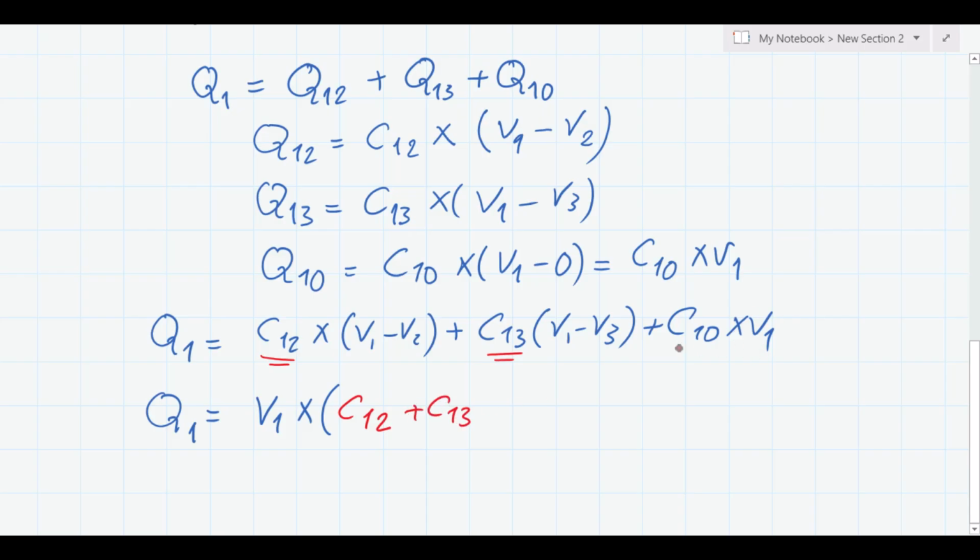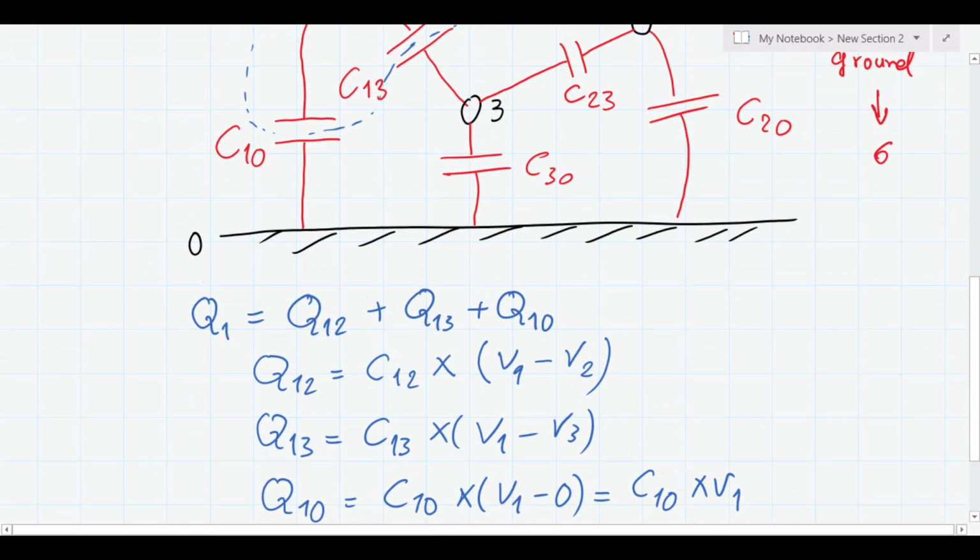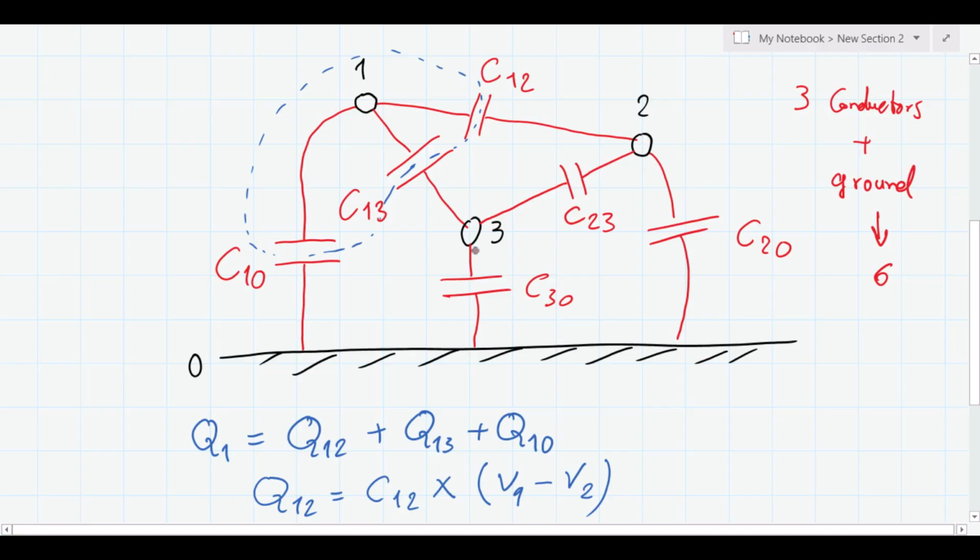We have a V1 here, plus C10. Plus V2 multiplied by, we have only one V2 here and it has a minus sign, therefore it comes here minus C12, plus V3 multiplied by, we have only one V3 with a minus sign, therefore it comes here minus C13. We can do the same for conductor 2 and conductor 3.